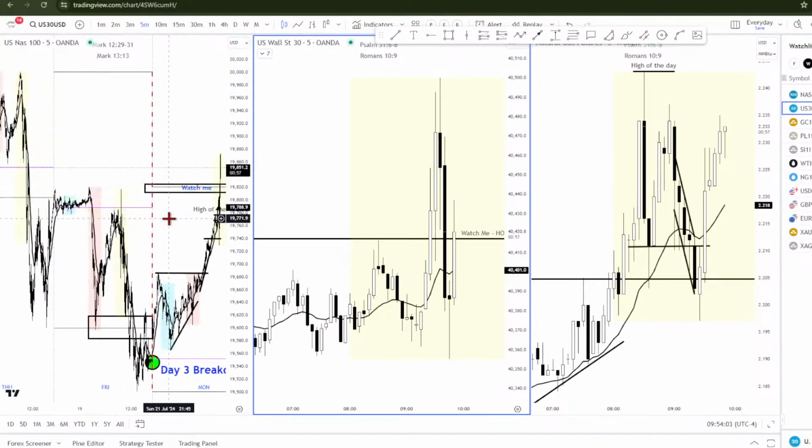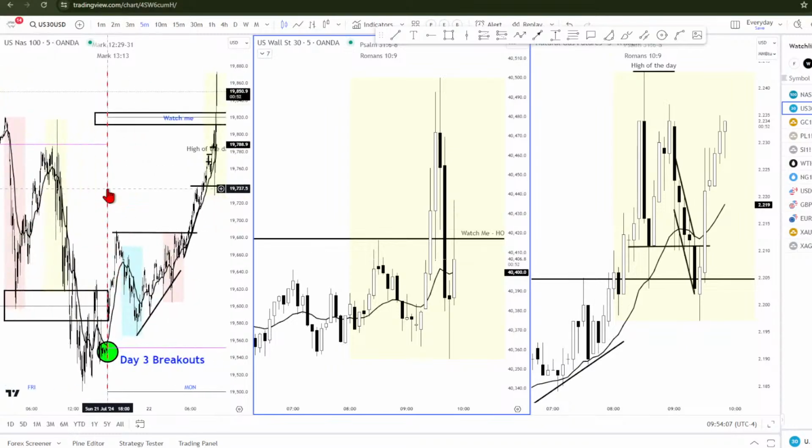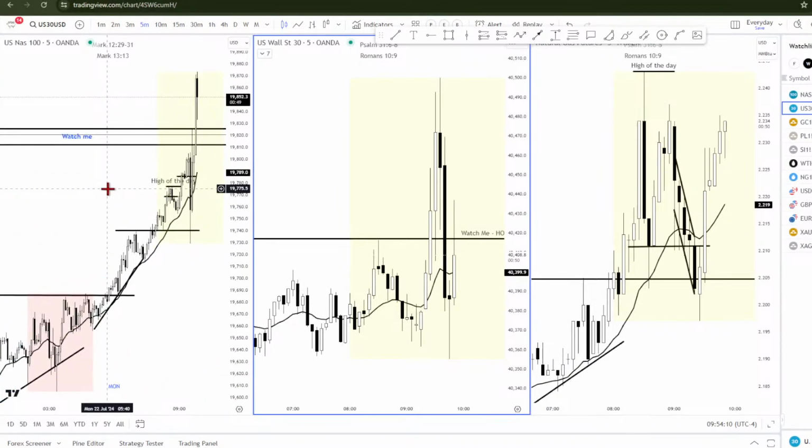At the very least, we've gone to the outside, which is good. I do like that. We've broken above previous day's high, outside of the previous New York session.